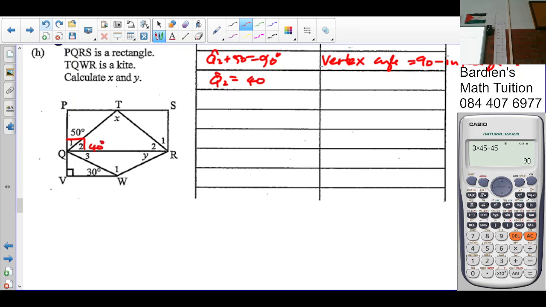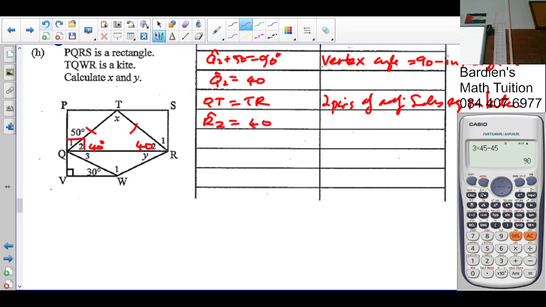Then we write that QT is equal to TR. Why is QT equal to TR? Two pairs of adjacent sides equal in kite. Now we can say that R2 is equal to 40 degrees.